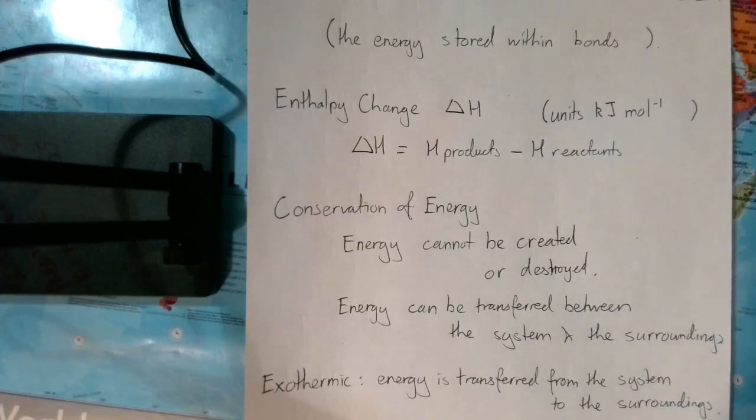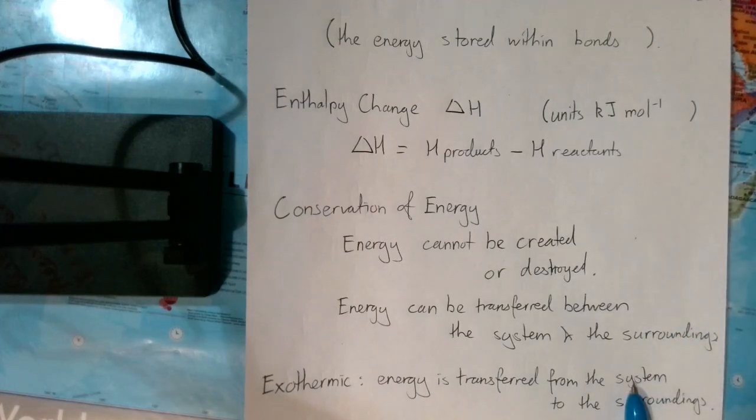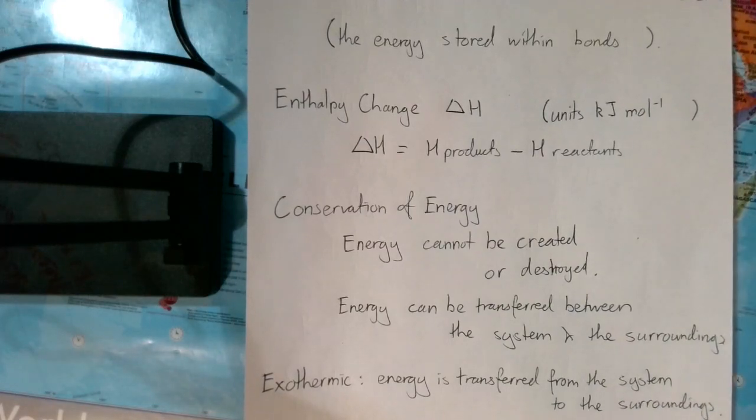If we are to measure temperature change, let's say we had that reaction I just talked about where you've got your beaker and you've added 2 chemicals to each other in the water, you could put a thermometer in the water and you could measure the temperature change. And if energy was transferred from the system into the surroundings, the water would get hotter.